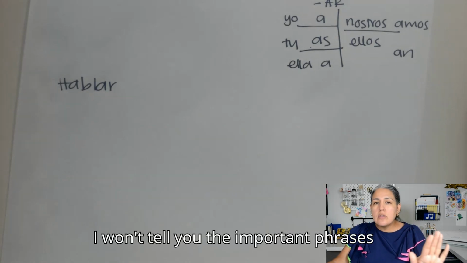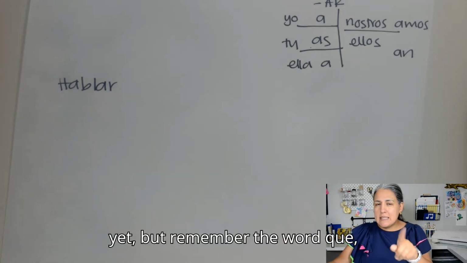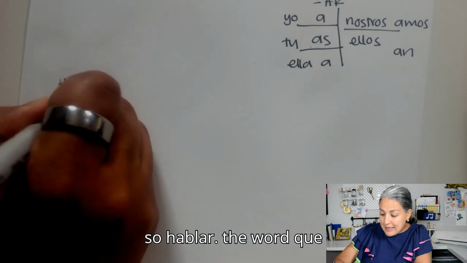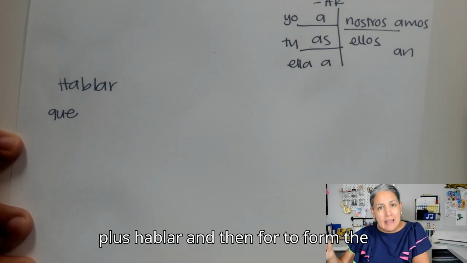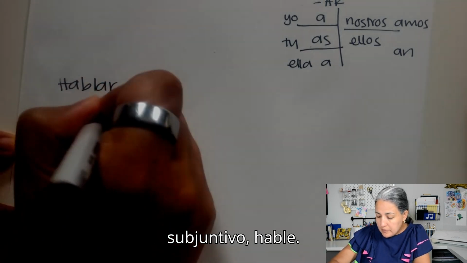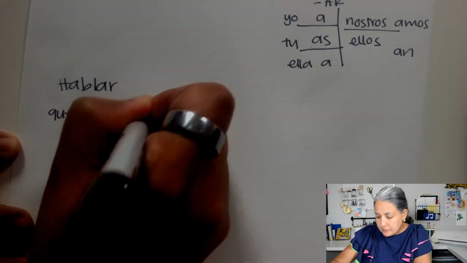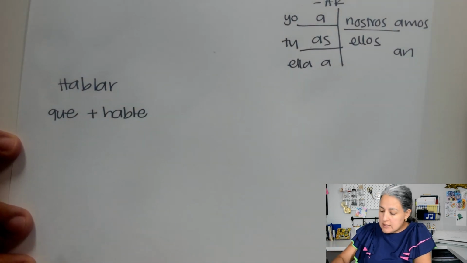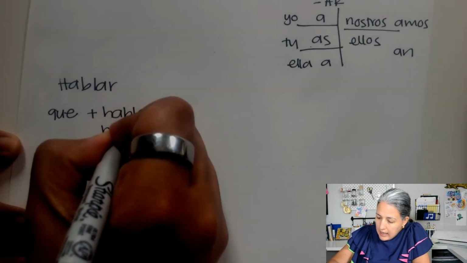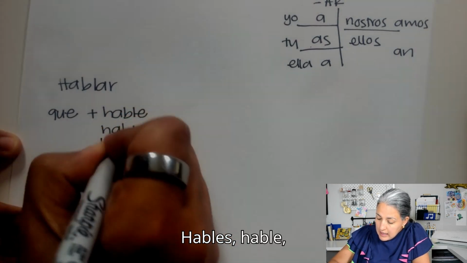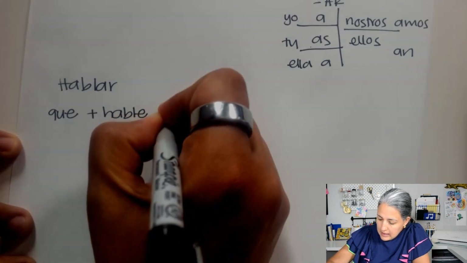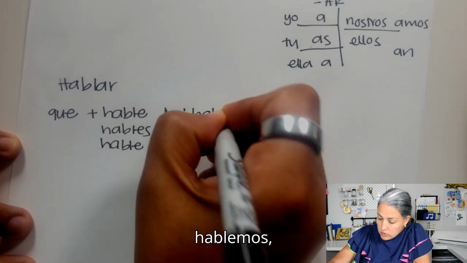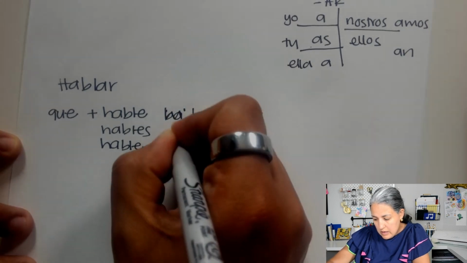So I won't tell you the important phrases yet, but remember the word que. So the word que, plus hablar, and then to form the subjuntivo: hable. You see, it's the same way as we've been doing the verb charts. Hables, hable, hablemos, hablen.